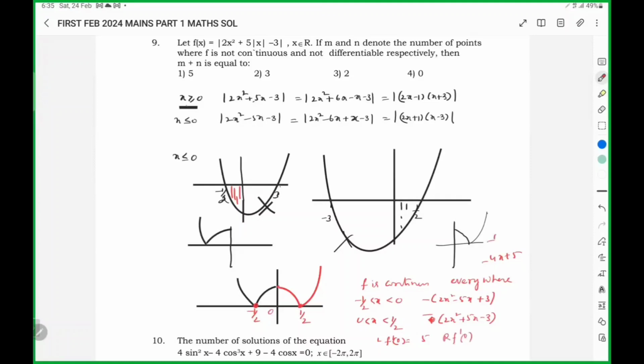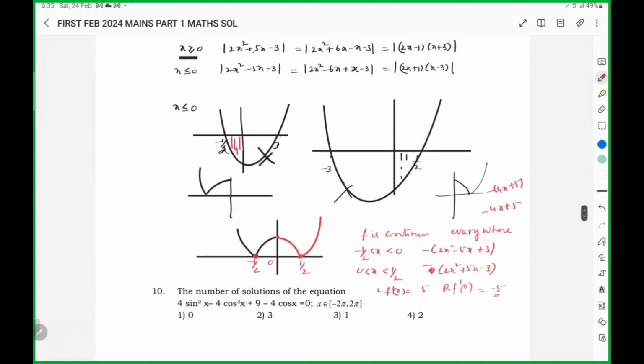It's minus of 4x plus 5. You get minus 5. At minus half it has sharp edges, at 0 also. So maybe a continuous graph, but their slopes are different. Tangent slopes are different, not differentiable at 0. So the non-differentiable points are plus half and minus half.